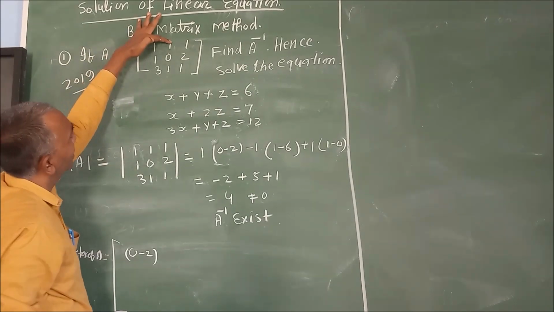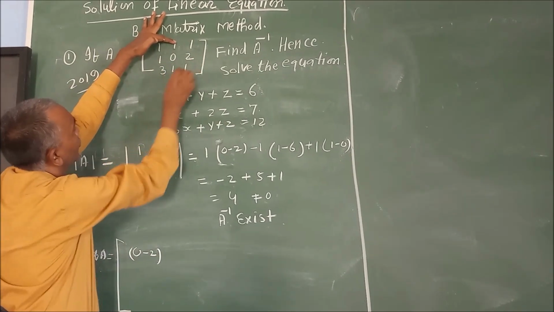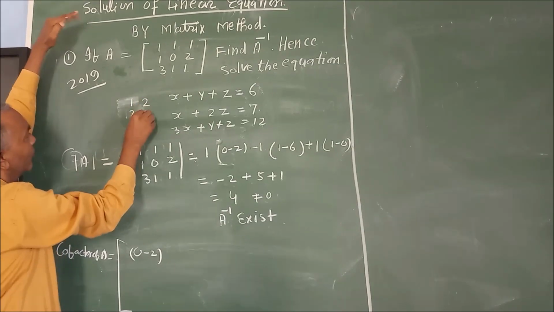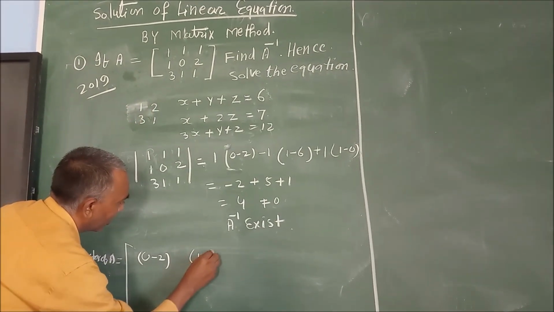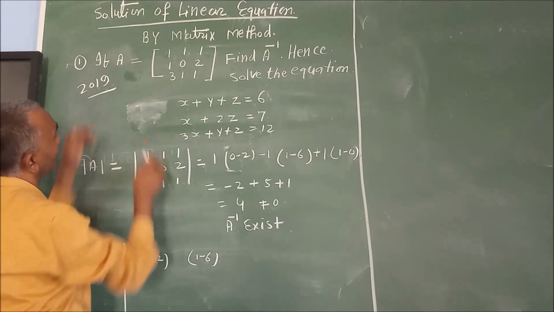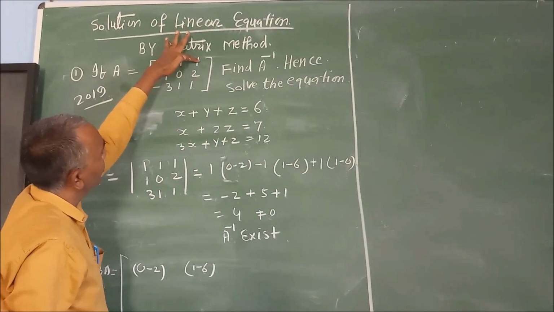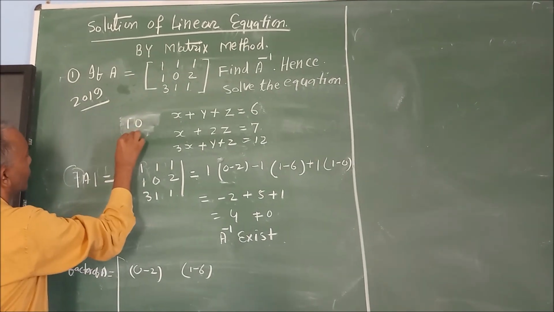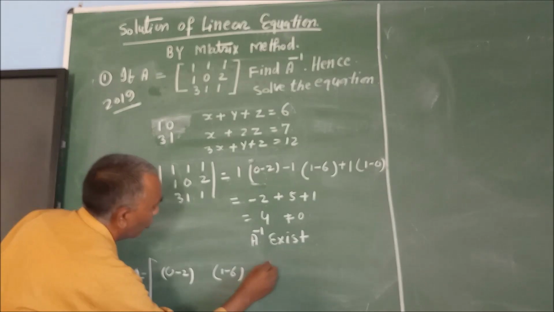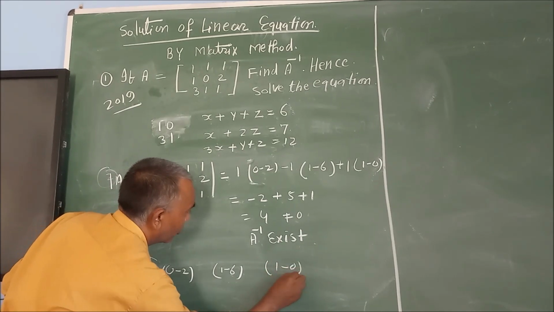For the next element, you will get 1, 2, 3, 1. So this is 1 minus 6. Similarly, for this element, the cofactor is 1, 0, 3, 1. So this is equal to 1 minus 0.